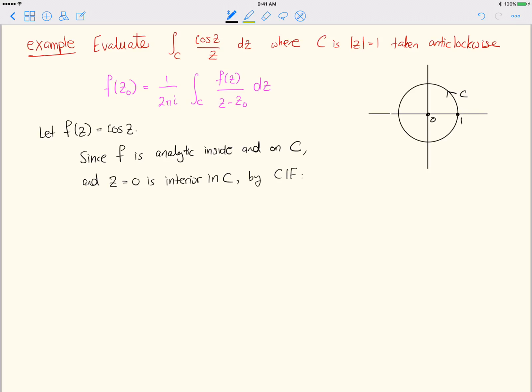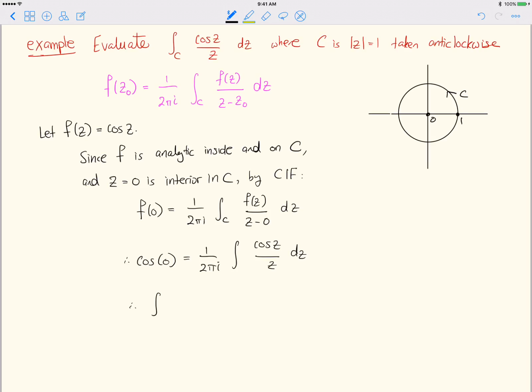So by Cauchy's integral formula, I have f of 0 equals 1 over 2 pi i times the integral of f of z on z minus 0 dz. And then it's just a matter of rearranging. So you have cos of 0 equals 1 on 2 pi i times the integral of cos z on z dz.